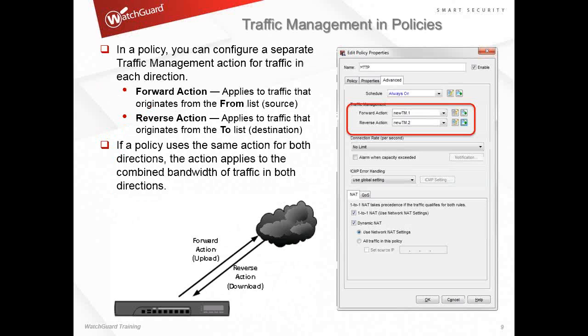So now we go into policies. Now we take these traffic management actions, and since internet traffic in a policy is bidirectional, you have a forward action and you have a reverse action. So what this is pertaining to is, on a forward action, let's say if it's a web policy, a forward action is going to be your upload.